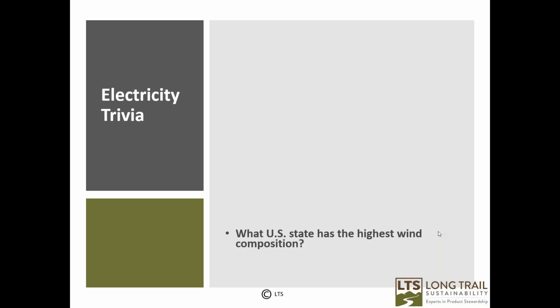All right, last question here. What US state has the highest wind composition? So we started with the Canadian province or territory with the highest wind, Prince Edward Island. Now, what US state has the highest wind composition? This one may surprise you. There's a guess for Texas, a second for Texas.